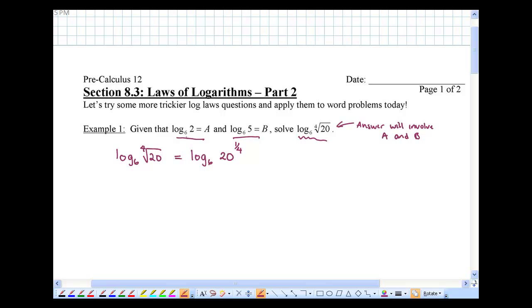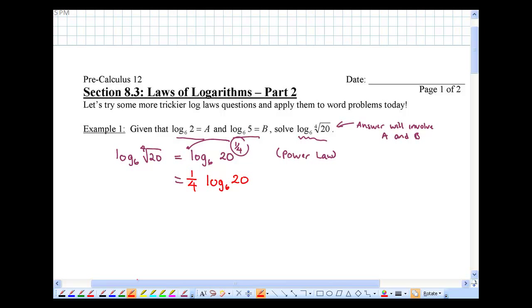Once you've written that as an exponent, what log law can we use to move down that 1/4? So we'll use the power law, and by using the power law, you can bring down that exponent to the front. So we'll have 1/4 log base 6 of 20.